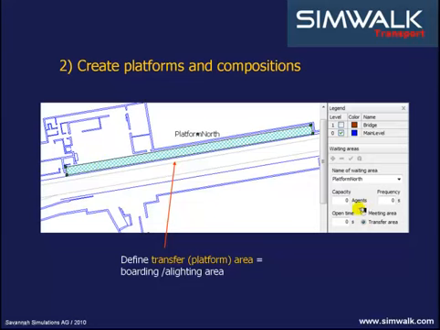You see here a waiting area, and in SimWalk it is either a meeting area or a transfer area. Passengers will be assigned later on to these platforms, so they will be able to take the right train.